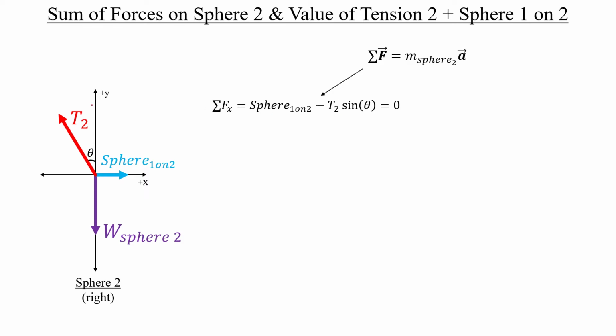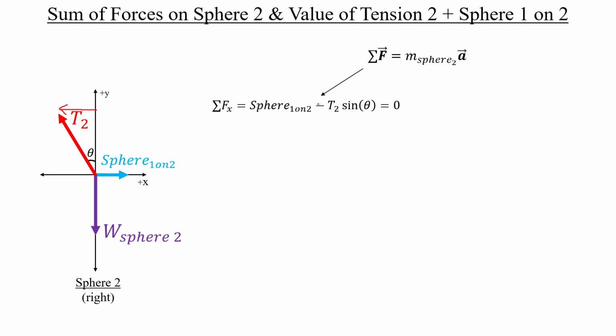And when we take the sine of theta inside of the T2 triangle, what do we get? Well, that points over here to the left in the negative x direction. So T2 sine theta is this length right here, and it's pointing in the negative x direction, so it's negative in this expression right here.